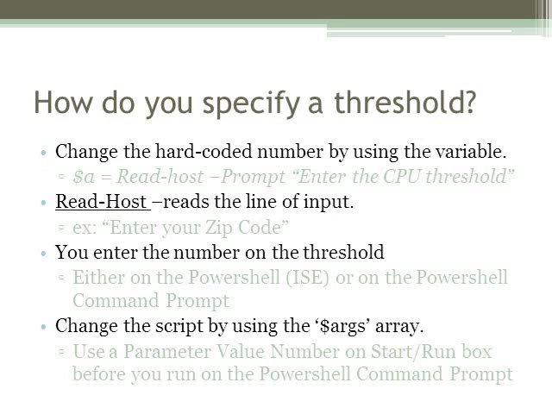So in Windows PowerShell ISE, how do you specify a threshold? Now, you can change the hardcoded number by using a variable.